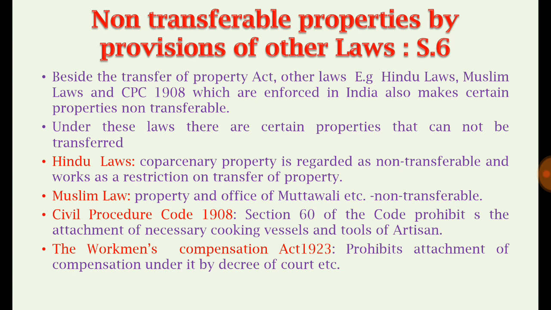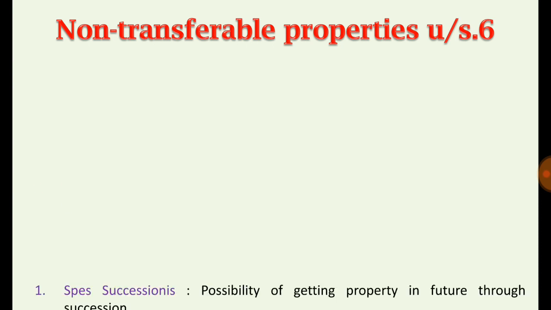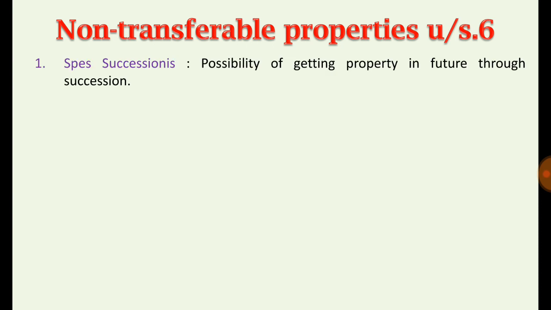So now we are going to discuss the second category of properties that cannot be transferred. These are provided specifically by section 6 of that Act, and accordingly, the first kind of property that is non-transferable is spes successionis. These are the properties under succession, the properties that a person can get in a succession, or properties under expectation.